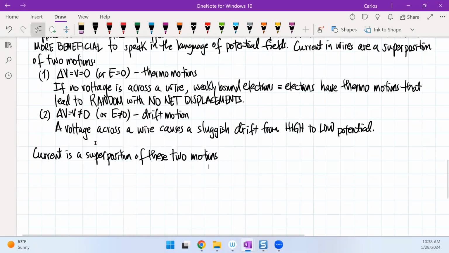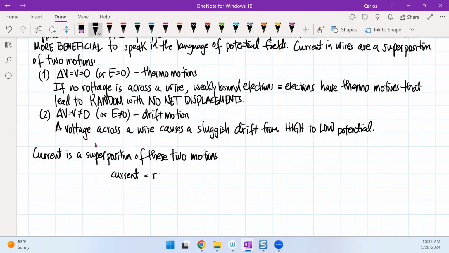So in other words, if we say current, we mean that current is a combination of this random thermal motion plus this electron drift. That's what we mean by current. So the basis of current then has to do with that electron drift.